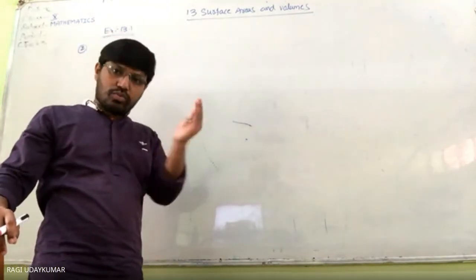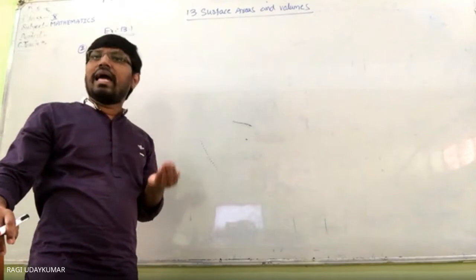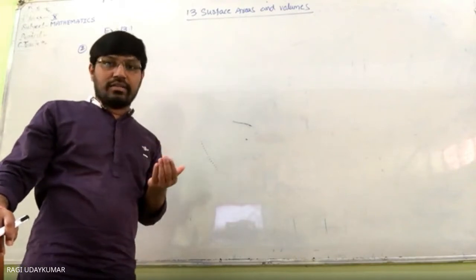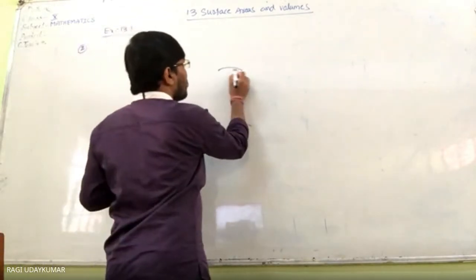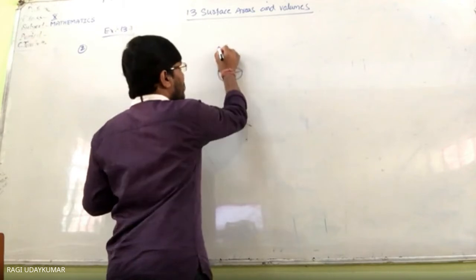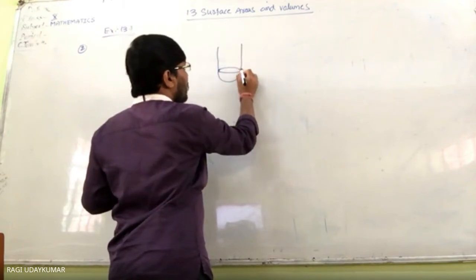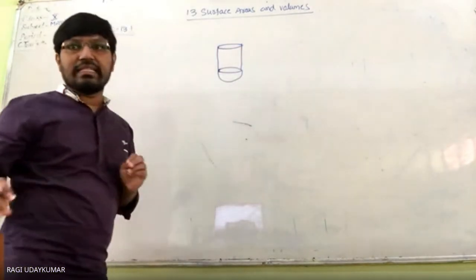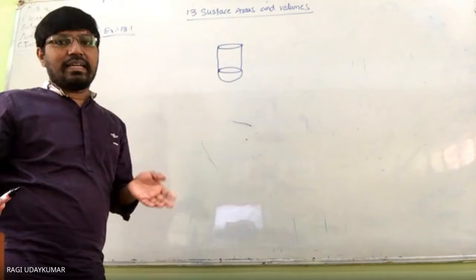Hollow is nothing but completely empty. So that is nothing but a shape like this. This is the hemispherical shape and this is the cylindrical shape. Like this a vessel is there.